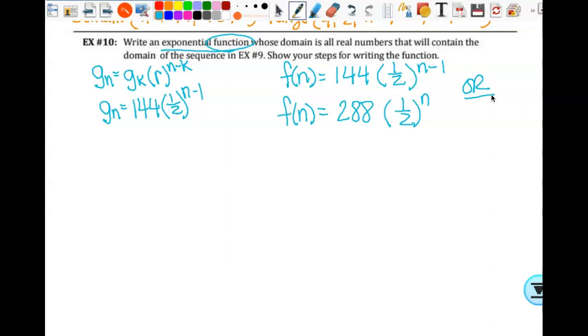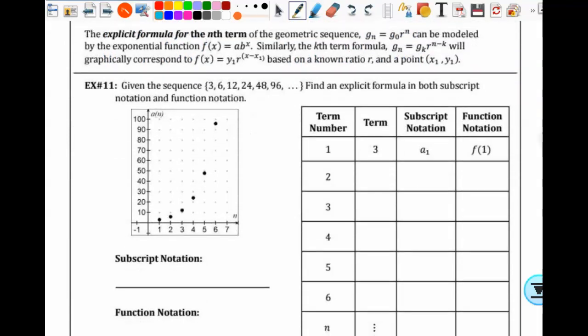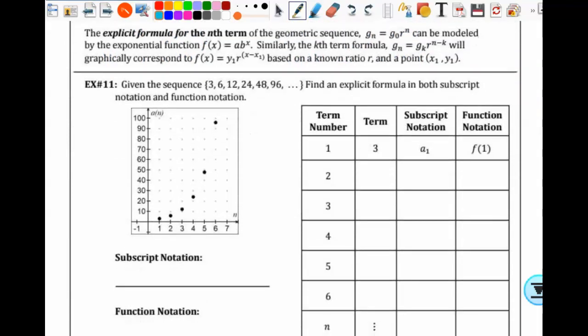All right, so we are going from geometric sequences to exponential functions, and then we're going to start looking at these as transformations of our exponential functions. So we've got the explicit formula, that's what we've been writing here. The geometric sequence, and so this one right here is the one we've been writing down, and I told you if you only know one, this is the one you need to know, because it works even when you have the 0 term.